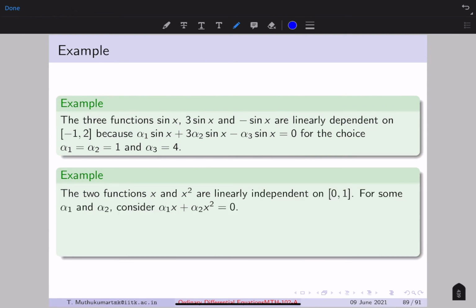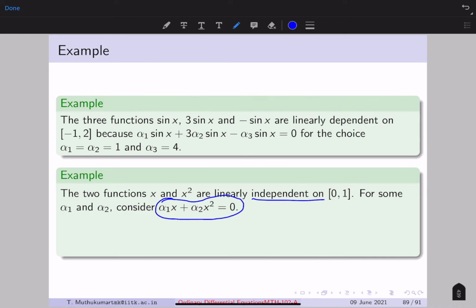We will show that they are linearly independent. How do you show that? We start with the linear combination alpha 1 x plus alpha 2 x squared equal to 0. Can we find non-zero alpha 1, alpha 2 such that this can happen?